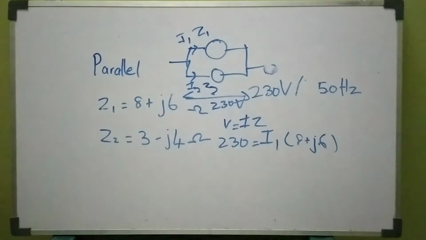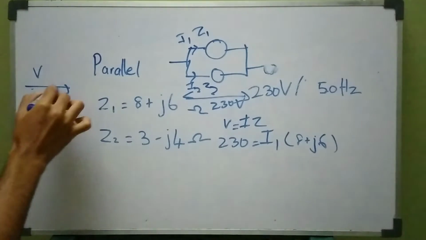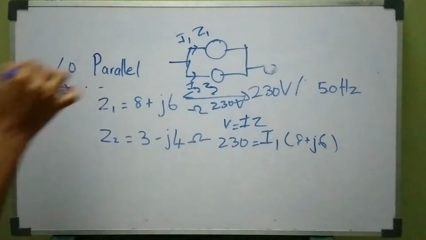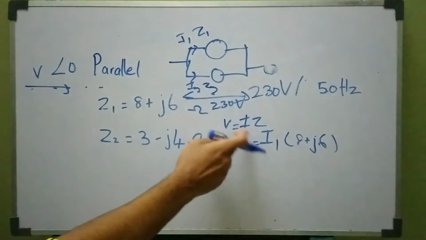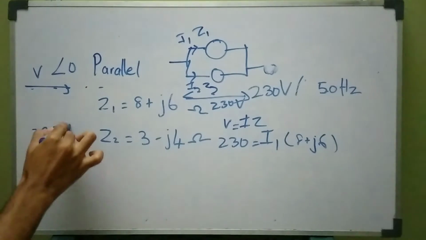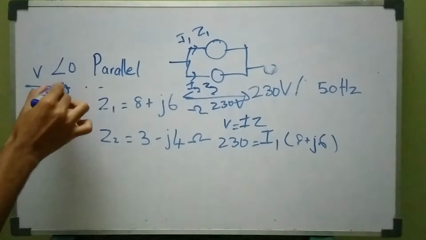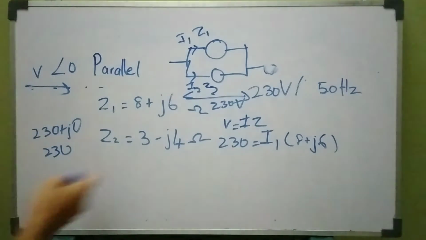But we can directly tell that in a parallel circuit, we can use the voltage as the reference line, which means the voltage phase angle would be 0. If we change that to a complex number, we get 230 plus j into 0, because it is on the reference line, giving the same answer, 230.